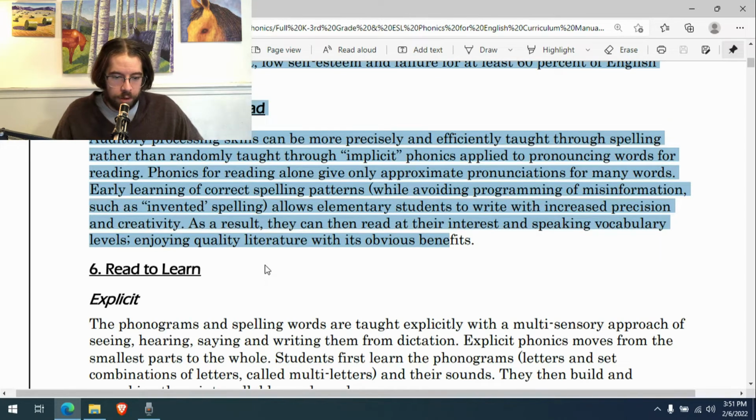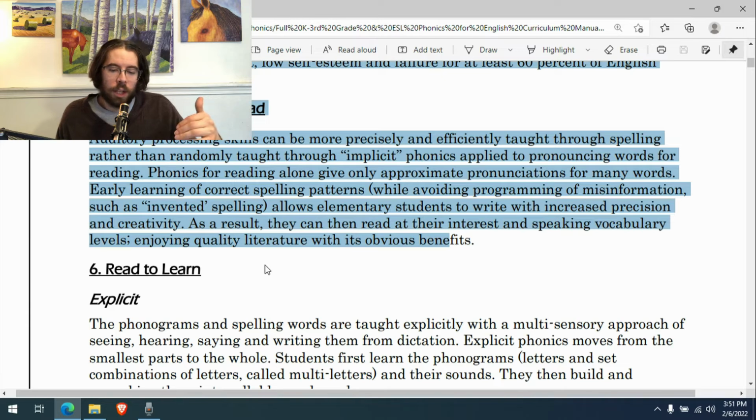So, number 5, spell and write to read. Auditory processing skills can be more precisely and efficiently taught through spelling rather than randomly taught through implicit phonics applied to pronouncing words for reading. Phonics for reading alone give only approximate pronunciations for many words.